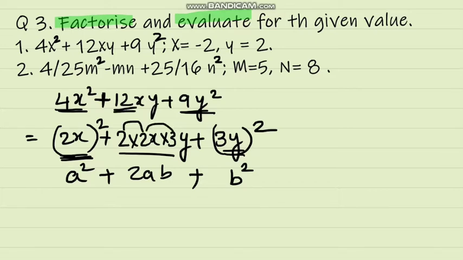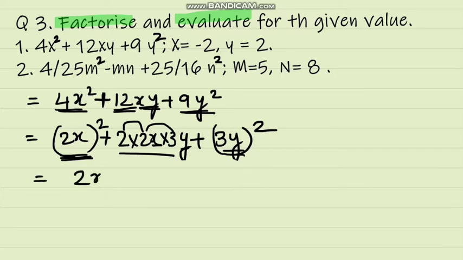So we are getting 12xy. So this complete algebraic expression is coming to be in the form of a square plus 2ab plus b square, which means it is equal to a plus b whole square. So we will simply put this as 2x plus 3y whole square.